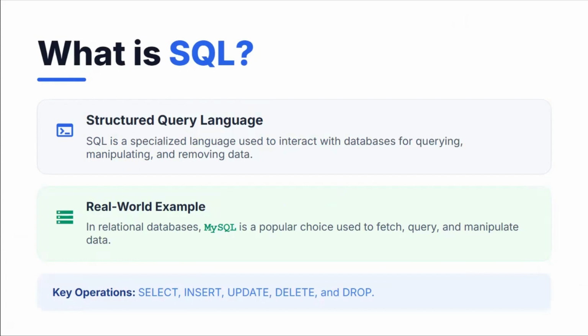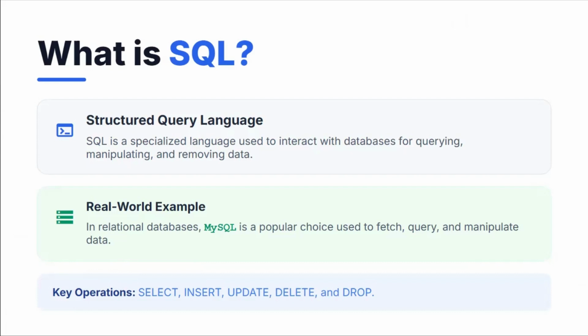SQL is a specialized language used to interact with databases for querying, manipulating, and removing data. In relational databases, the most popular choice among developers and IT professionals is MySQL, which can be used to fetch, query, and manipulate the data.